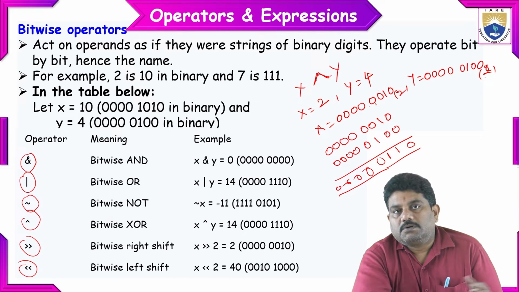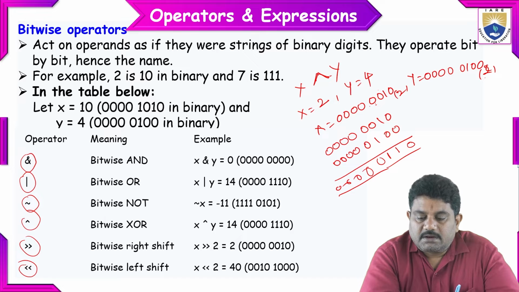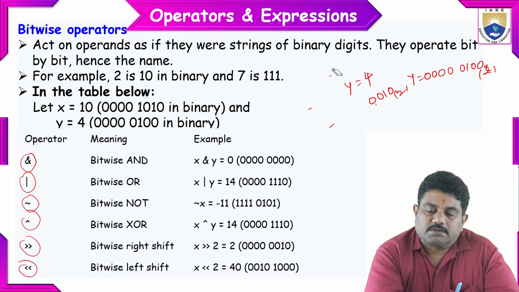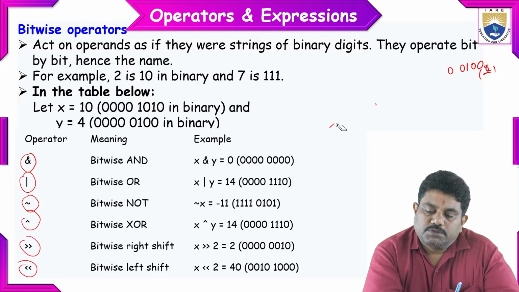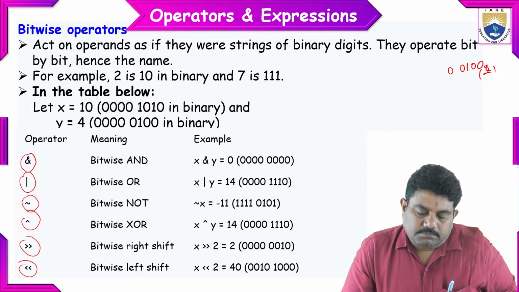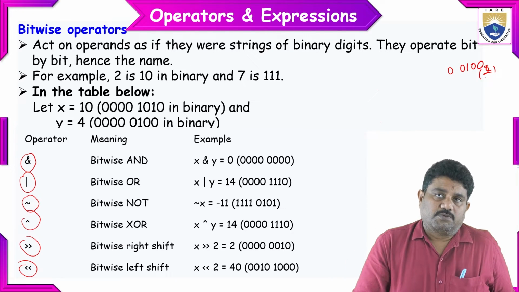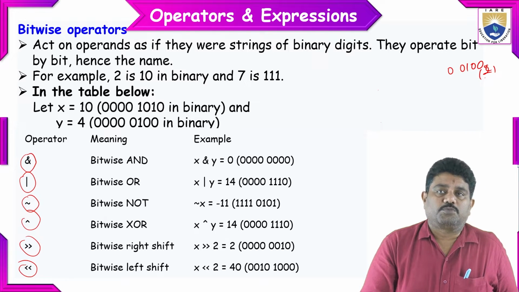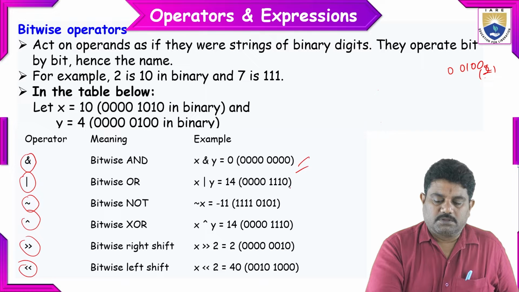So in the case of XOR, if there is an odd number of ones in the input, then the output becomes 1. Otherwise, the output becomes 0. That is the logic. In the case of bitwise AND, only if both operands are 1 does it become 1, otherwise it is 0. In our case, if any one of the inputs is 1, the output becomes 1. So those are the examples.